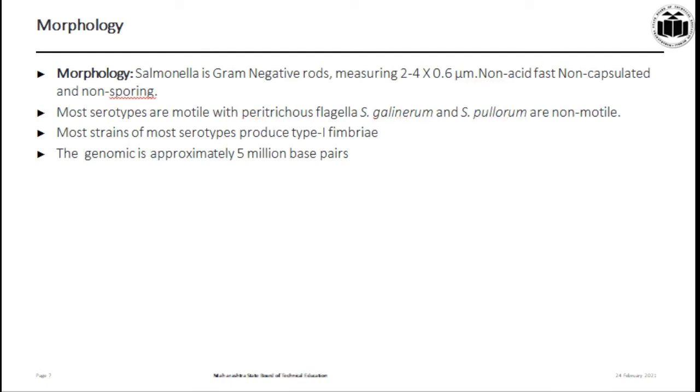Now when we look over the genomic size of Salmonella, it comes to about 5 million base pairs.